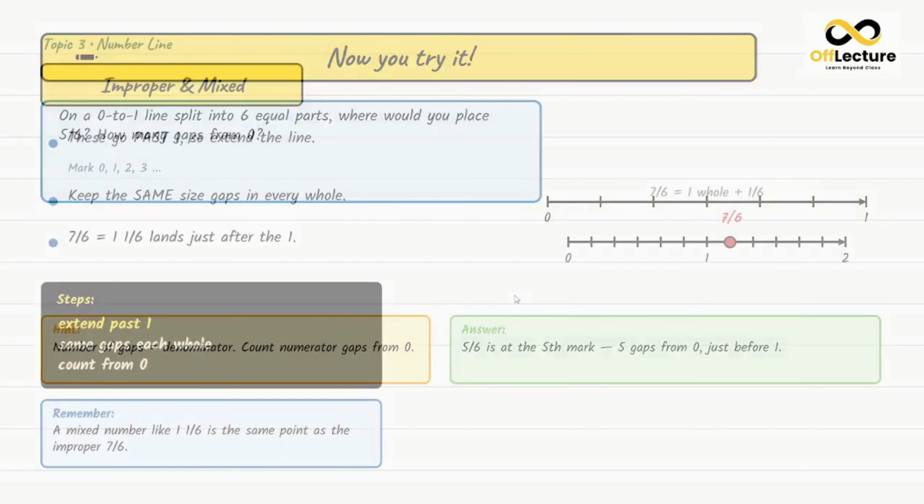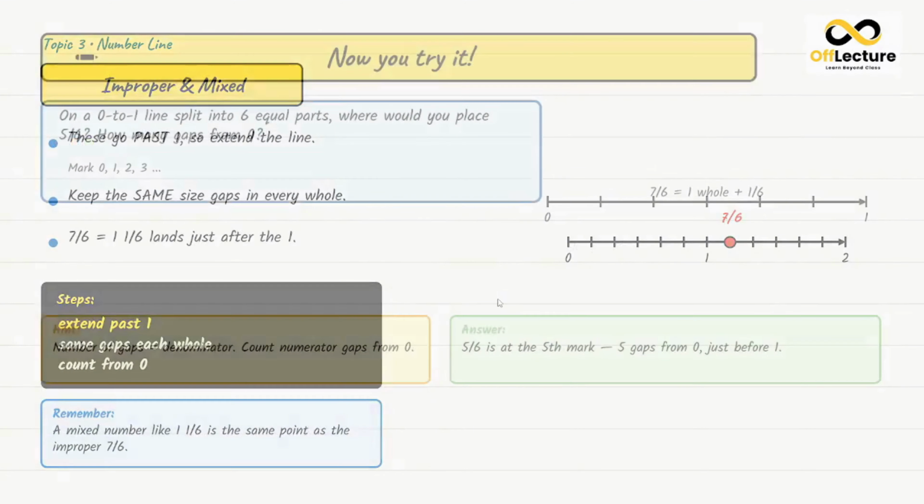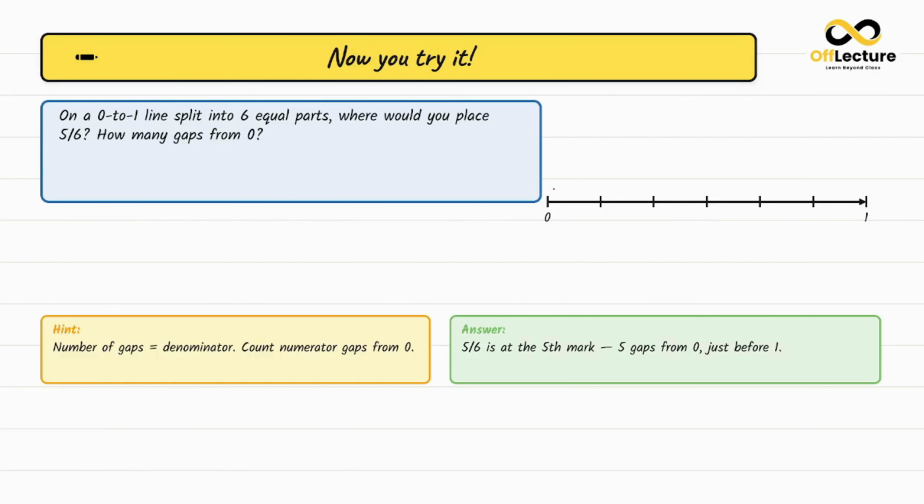So if we see the answer for this, since the fraction is 5 by 6, we will create 6 equal parts. We will divide our number line 0 to 1 into 6 equal parts. So this will be 1 by 6, this will be 2 by 6, this will be 3 by 6, that will be 4 by 6, this will be 5 by 6.